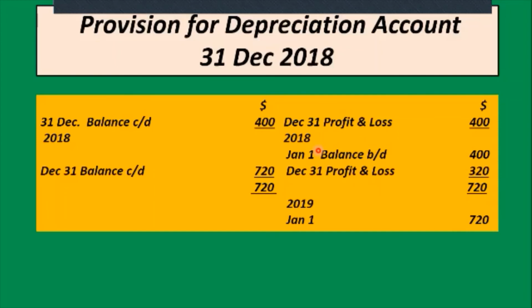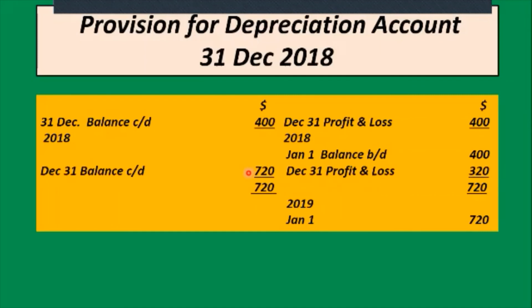So we bring down the balance from last year here. No, this is on the opposite side, so it comes in here, and then we have this year's charge, 320. Then we add it, bring across the total.